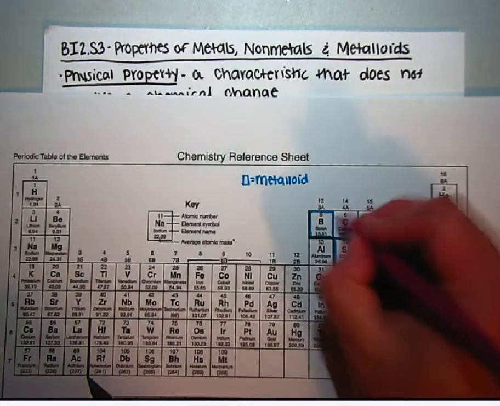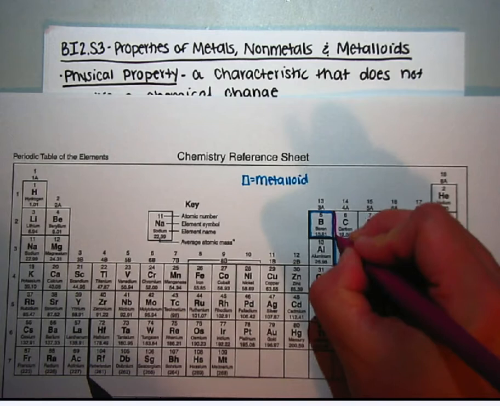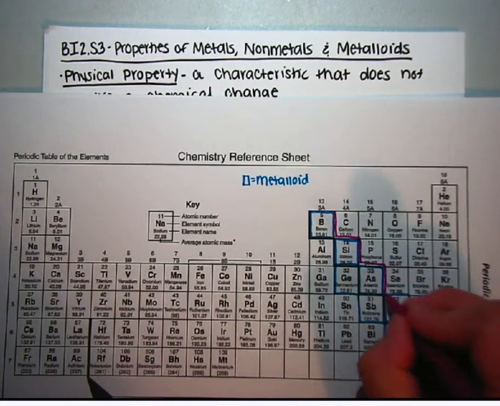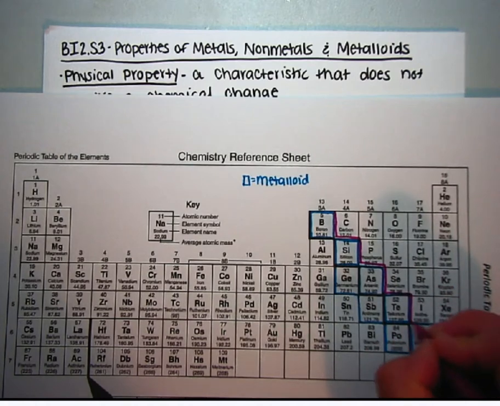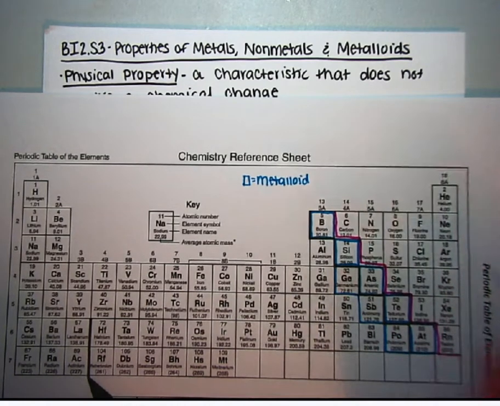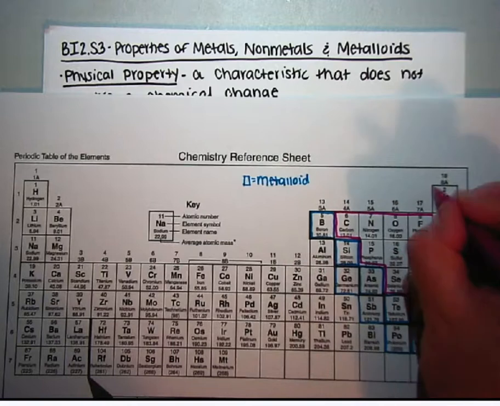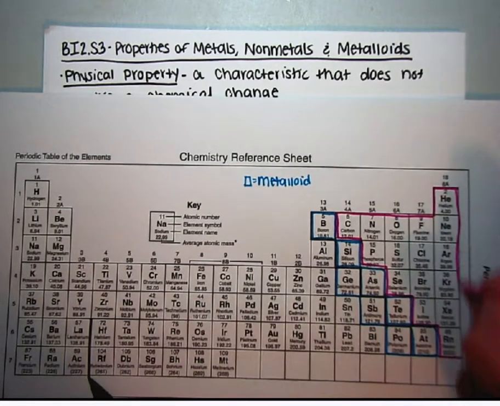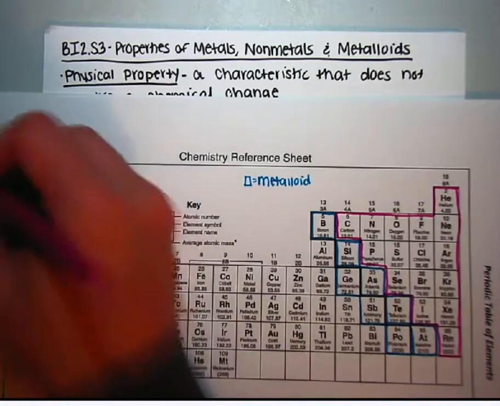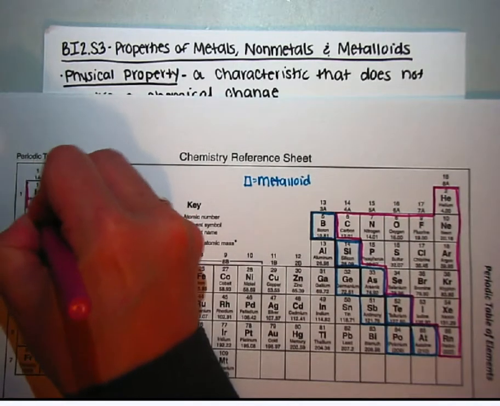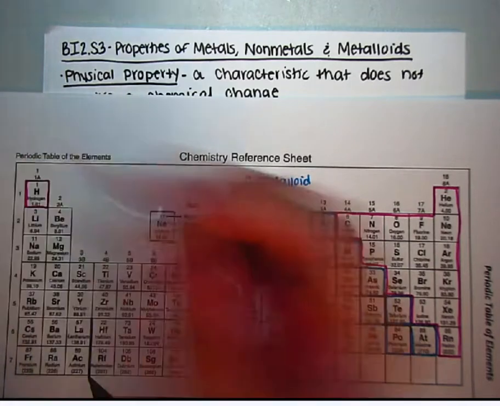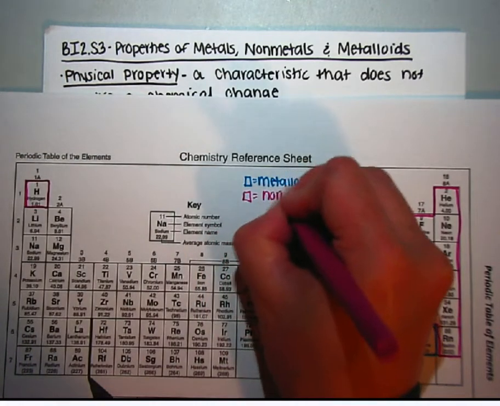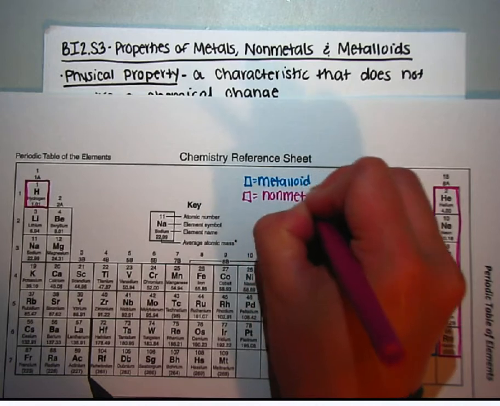The elements to the right of the staircase are going to be the nonmetals. So all of these elements to the right of the staircase plus hydrogen, all the elements in pink, are the nonmetals.